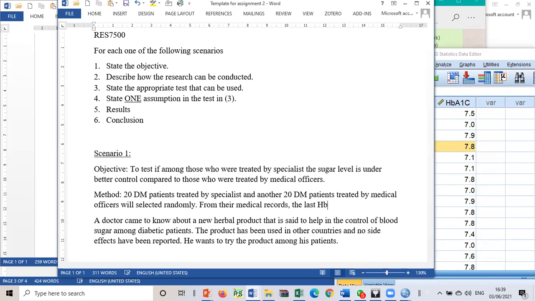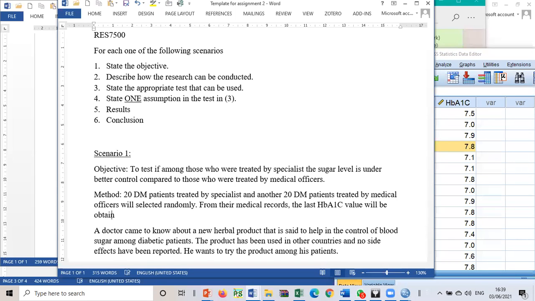The last HbA1c results will be recorded. The HbA1c values will be updated. That's all. Simple, straightforward.